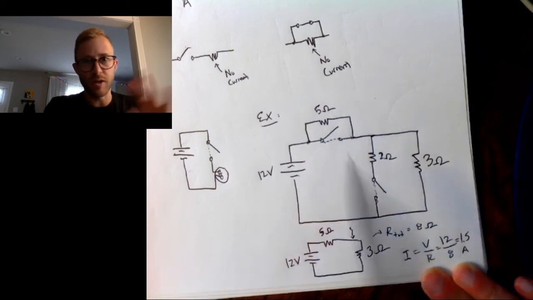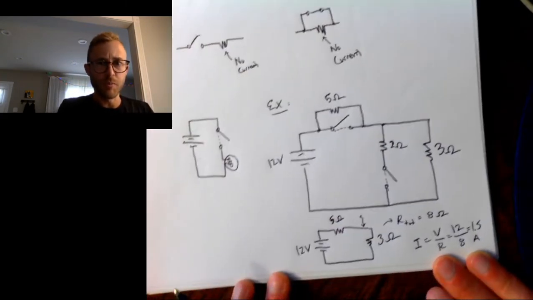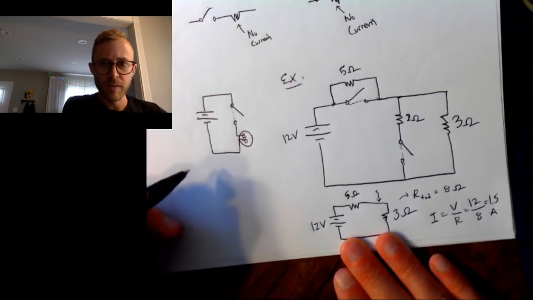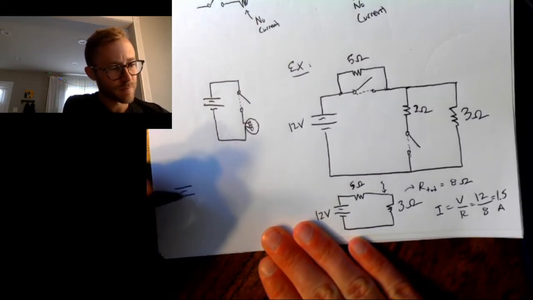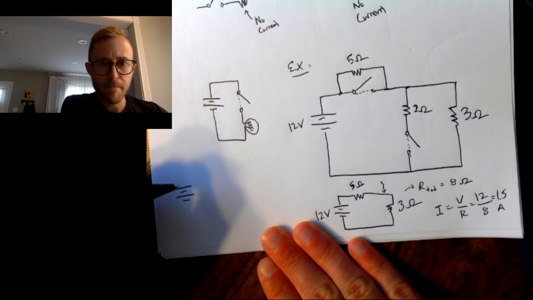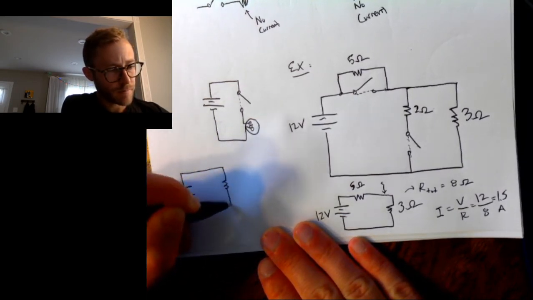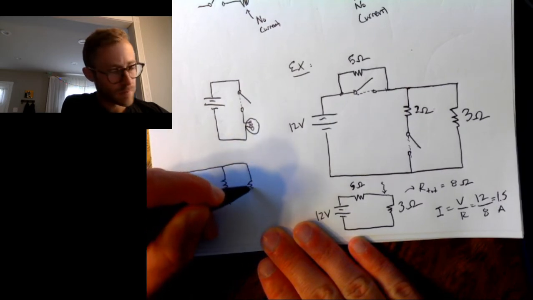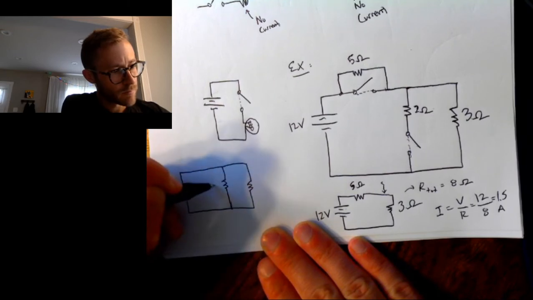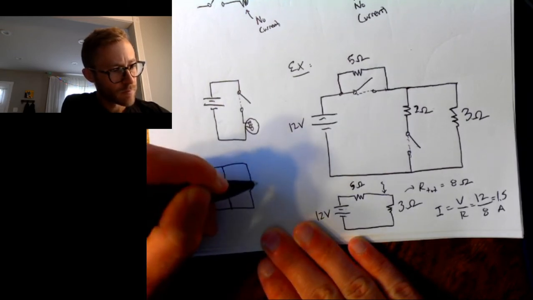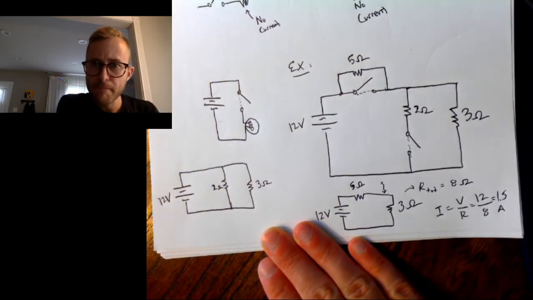So we can just ignore it because it's not going to get any current whatsoever. So once both the switches are closed, the circuit now looks like this. Okay.